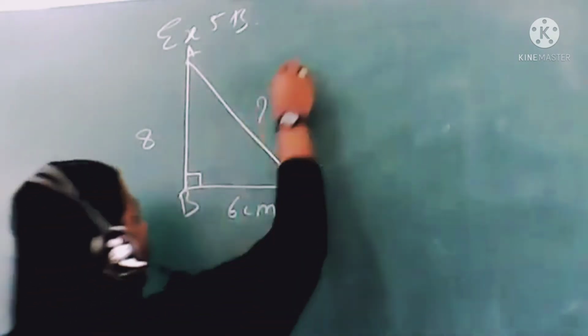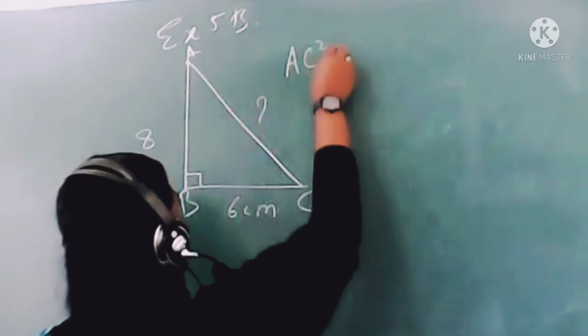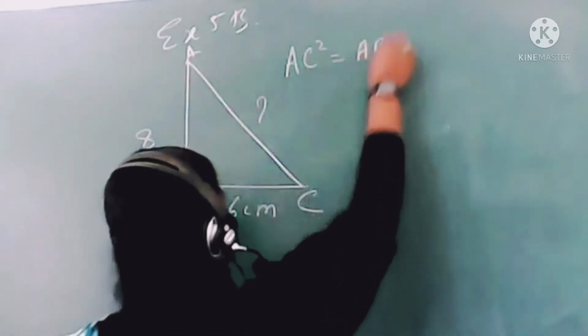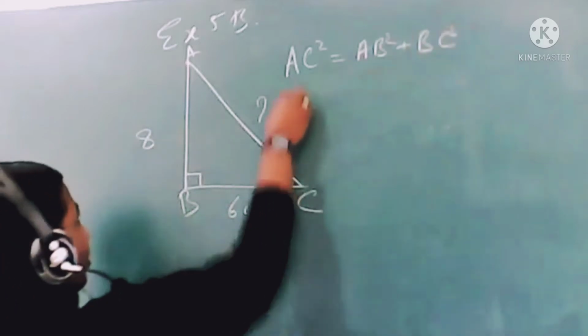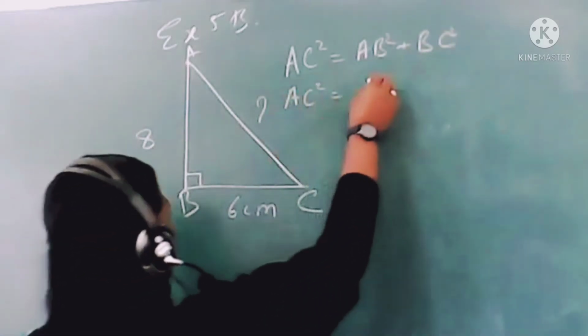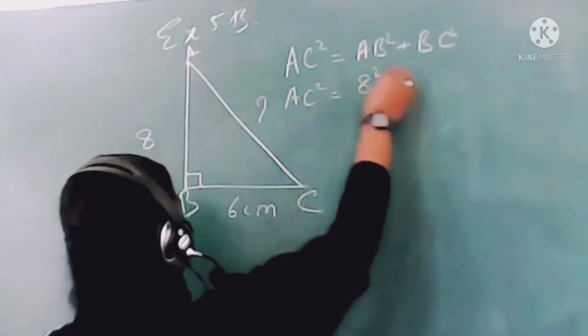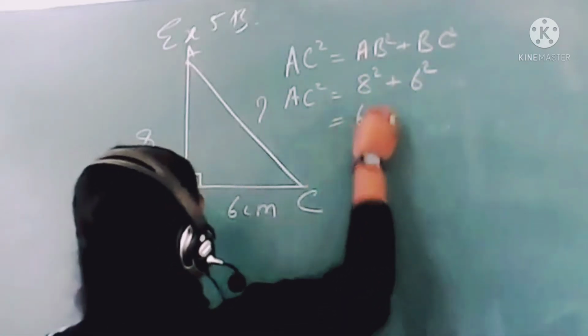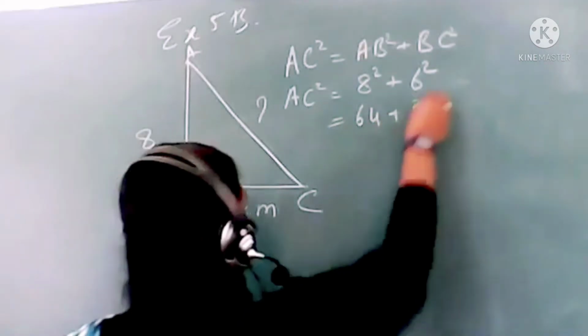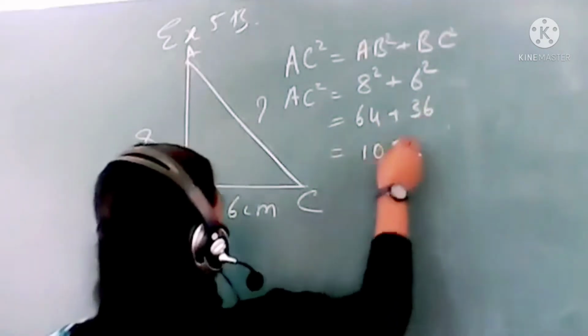So AC square, we are having the formula, AC square is equal to AB square plus BC square. So AC square is equal to 8 square plus 6 square, which is 64 plus 36, that is equal to 100.